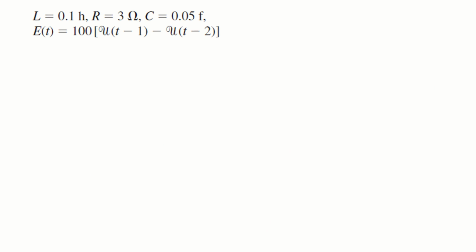Okay, we can do the same thing for the following information. So again we are interested to find I. So L is given. Okay, so the equation will become what?